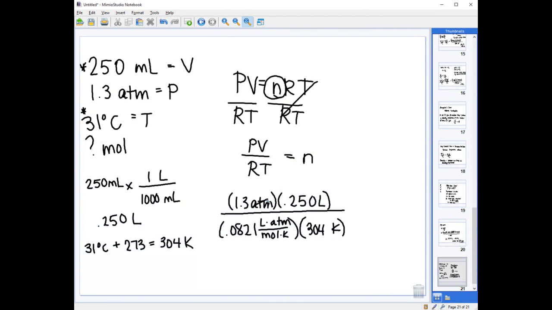So let's look at our units. Atmospheres cancel. Liters cancel. Kelvin cancels. And I'm left with moles, which is what I want. That's why you have to put these in the correct units. If you didn't have these in the correct units, then your unit would be all over the place. It would not just be moles.